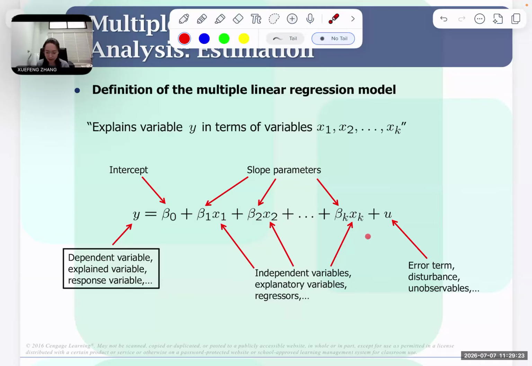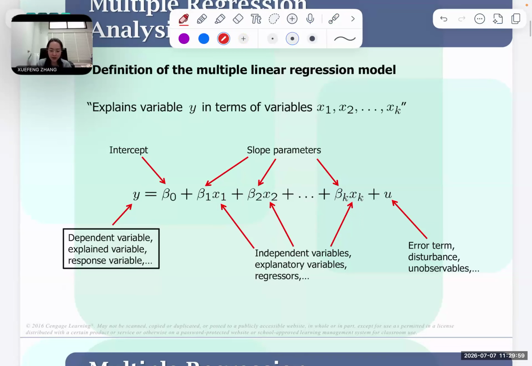That phrase, holding others fixed, is the whole point of multiple regression. We have mu, the error term. It captures everything affecting y that we didn't or couldn't include in our model. Okay, error term, disturbance, unobservables. I hope right now you know about the error term mu.